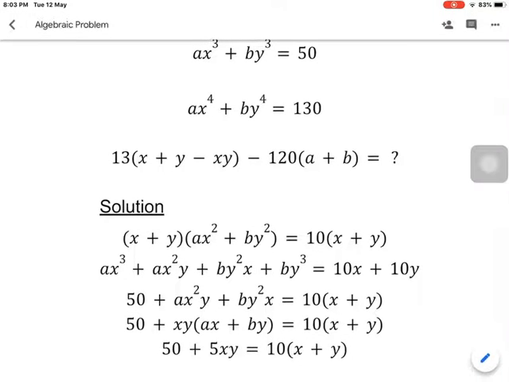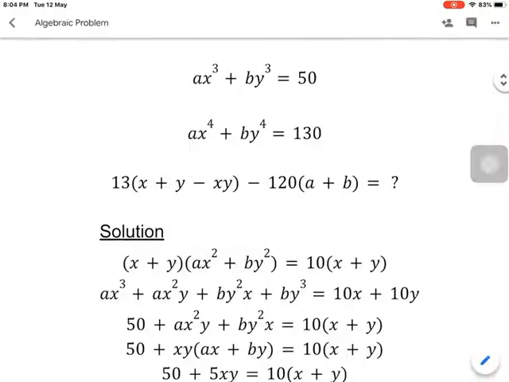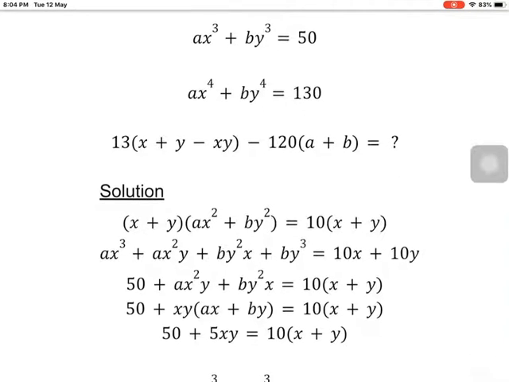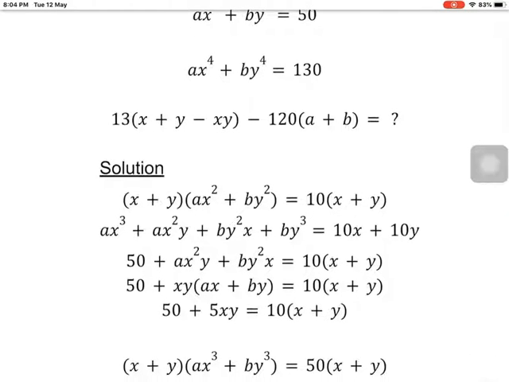Now to get one more of these simultaneous equations featuring the sum of x and y and the product of x and y, so that we can substitute and solve it, we'll take the cubic equation. And we'll multiply the same subject x plus y to both sides.